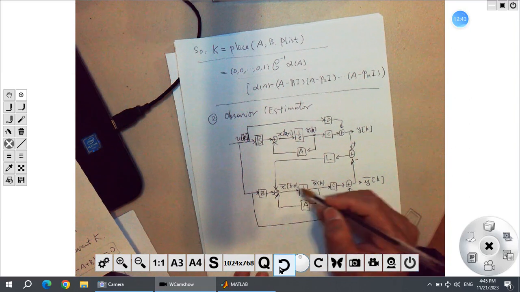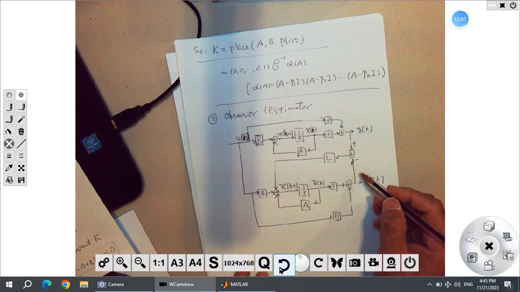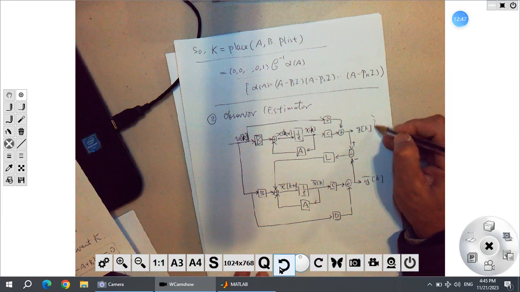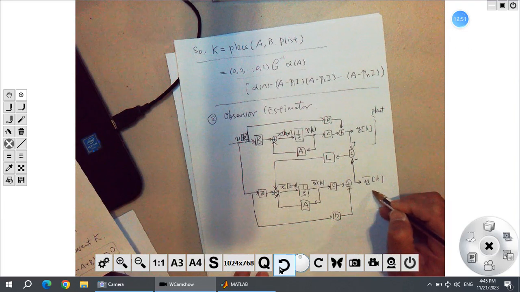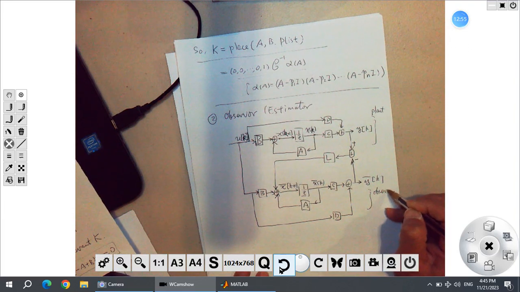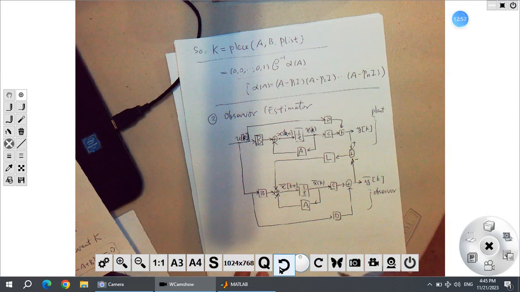Okay, so by this way, this part is the plant, and this part is the observer, or estimator.